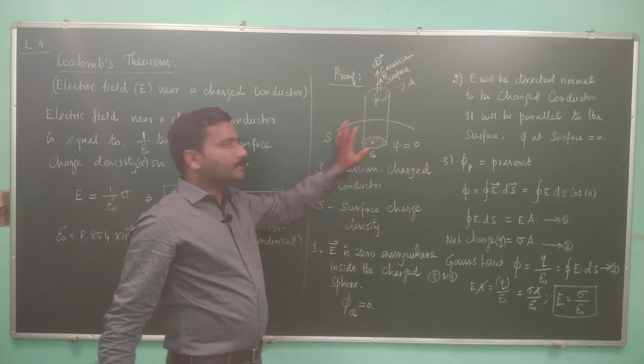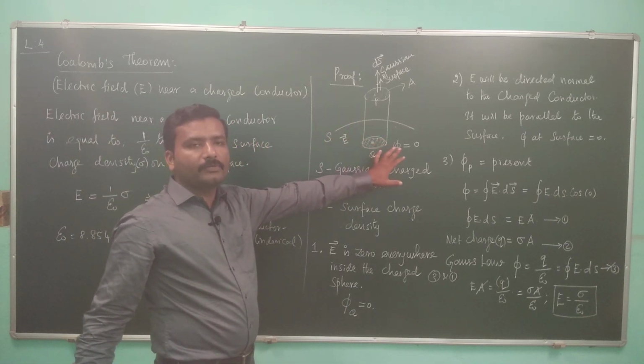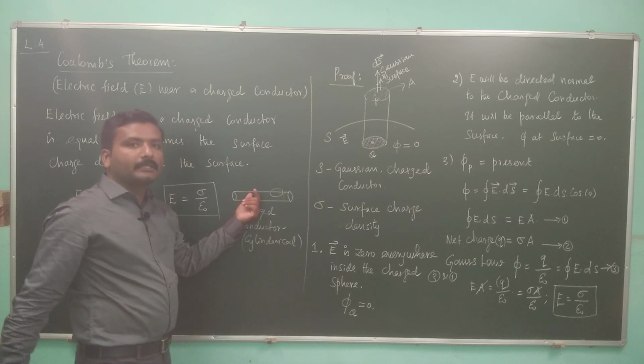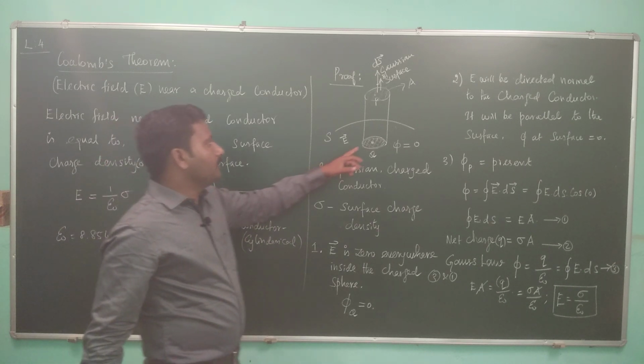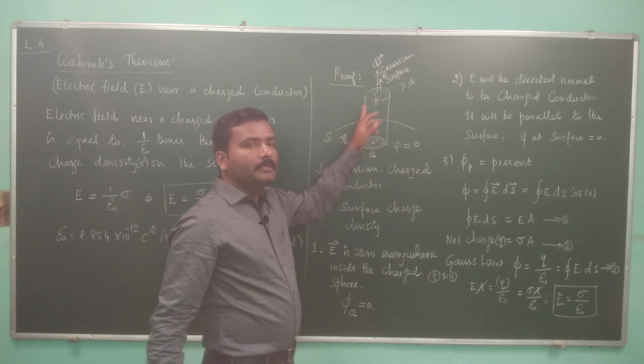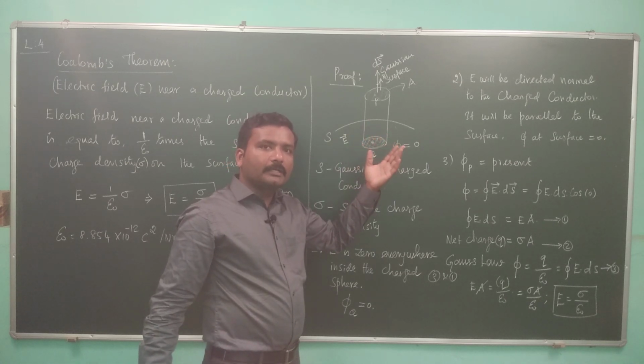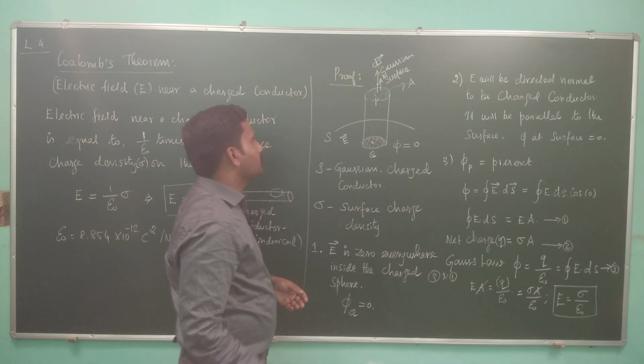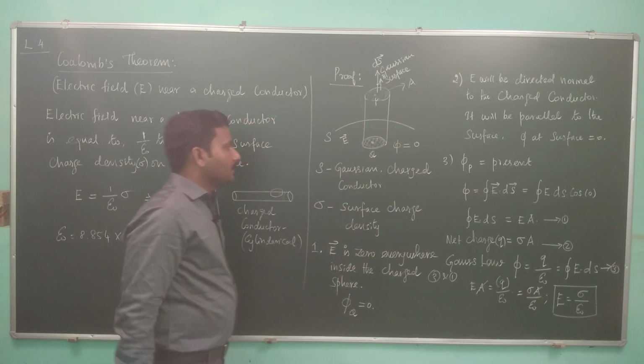We have considered a Gaussian surface of a charged conductor in which we have denoted 2 points P and Q, one above the conductor, one below the conductor, at equal distance from the surface.